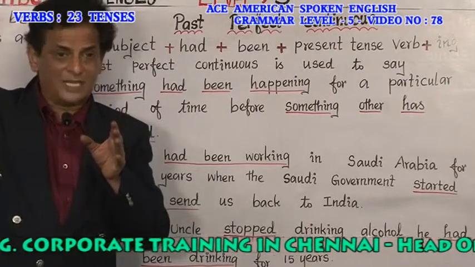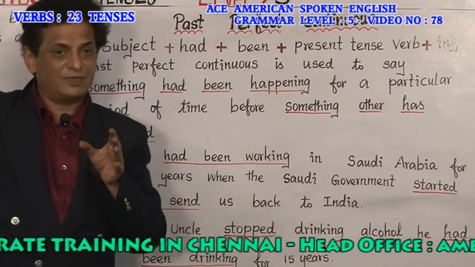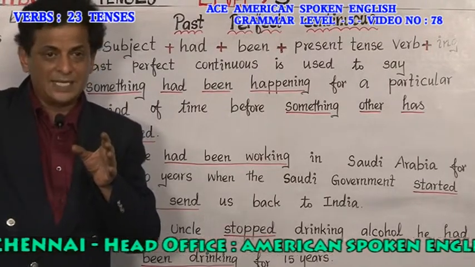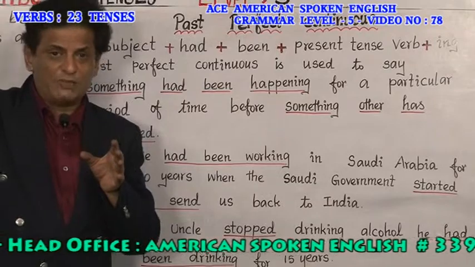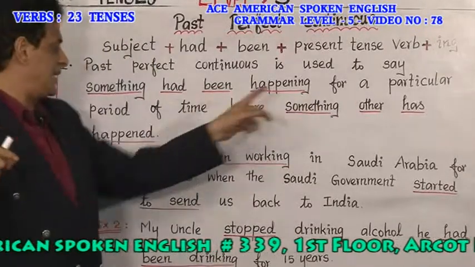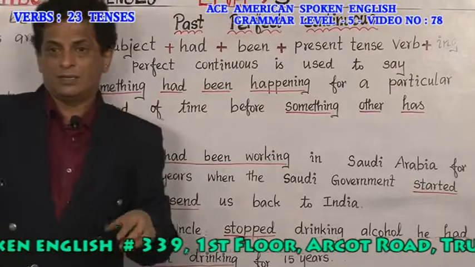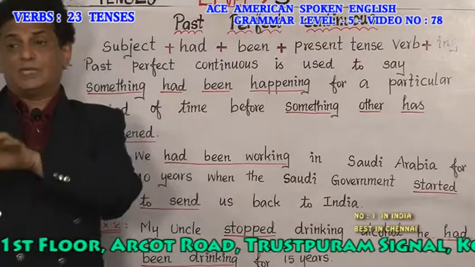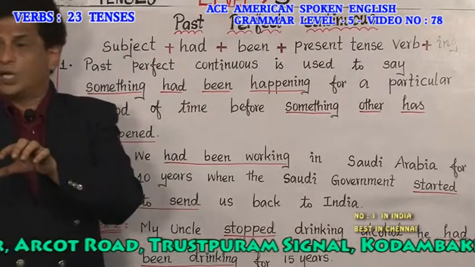For a particular period of time. Maybe 10 years, 5 years, 5 hours, 2 hours, 6 hours. Something had been happening continuously for a particular period of a time before something other has happened. One thing has happened. Before that one thing has happened, something has been continuously going on.